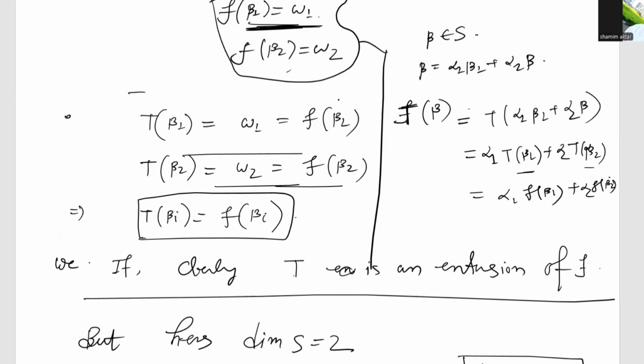Now using the linear property of f, we have f of alpha 1 beta 1 plus alpha 2 beta 2, which equals f of beta. Beta is arbitrary, so this holds for all beta belongs to S. So option A is false.